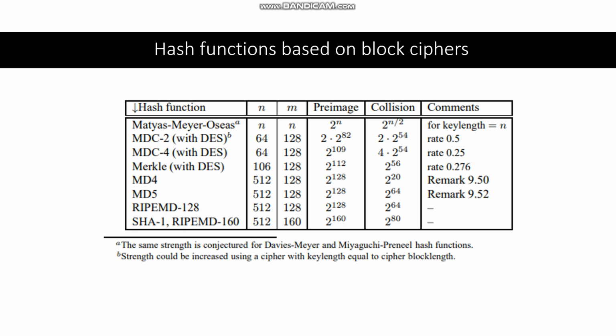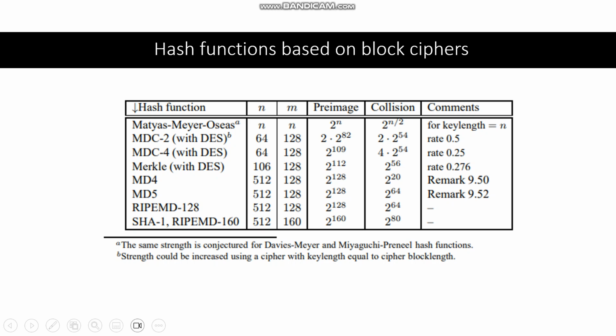Here, figures for MDC2 and MDC4 account for DES complementation and weak key properties. Regarding rate, you can see this in the definitions later. If you look at the table, here you can see the hash functions: Meyer, MDC2, MDC4, Merkle, MD4, MD5, SHA1, and RIPEMD-128. Here n is our bit size.